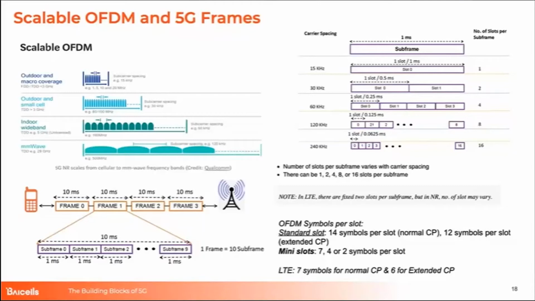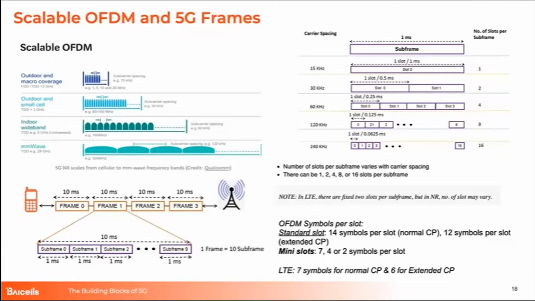Bear with me because I'm throwing a lot of technical terms, but these are basic, important functions and concepts that you need to understand. That's where the trick of the latency and throughput comes into place. Now, each slot consists of 14 symbols.